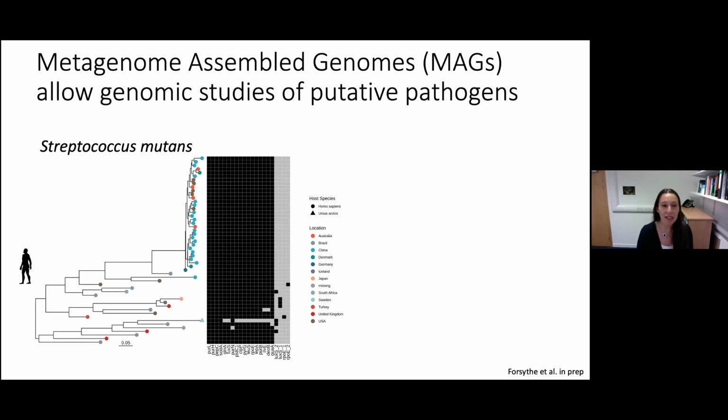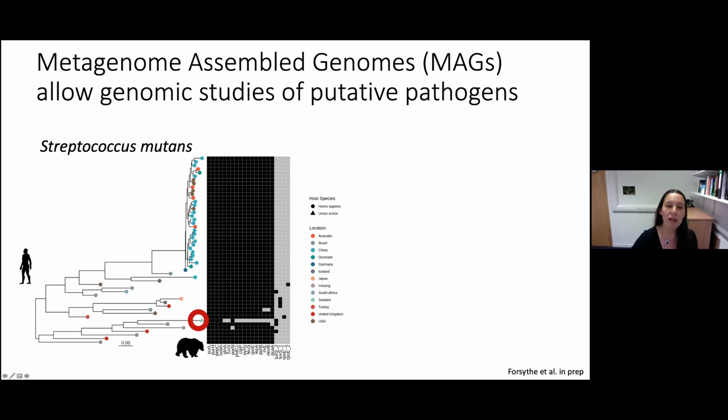So that's what we did here. This is Streptococcus mutans, one of the main drivers of human caries. And every single dot here is a human isolate of Streptococcus mutans, different human populations from all over the world. And this is where our bear sits. So it sits smack in the middle of the diversity that we know from humans.